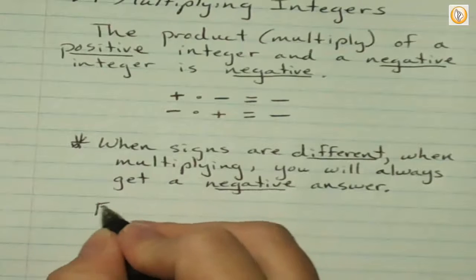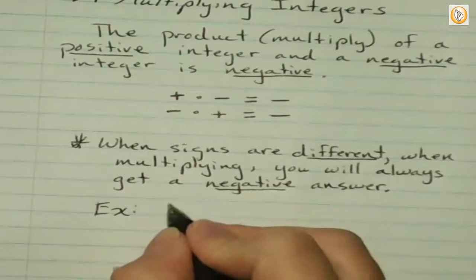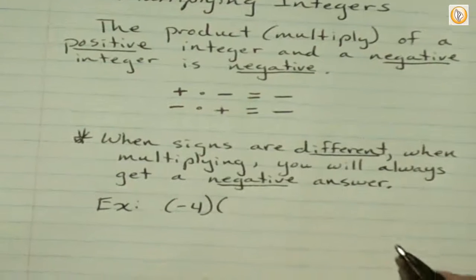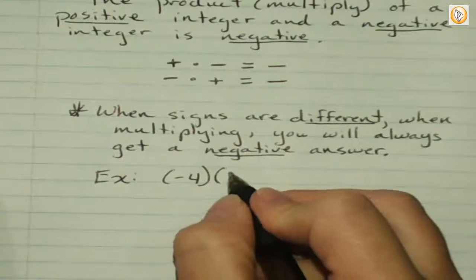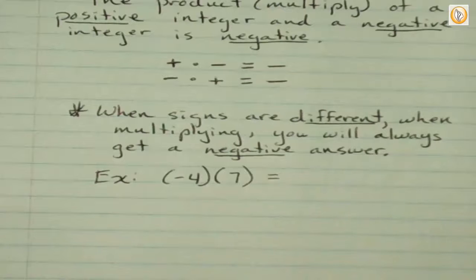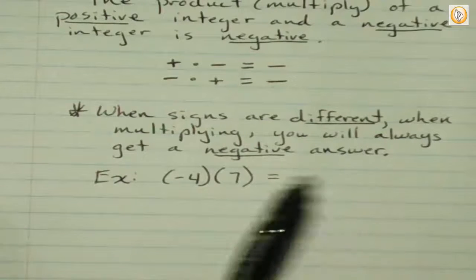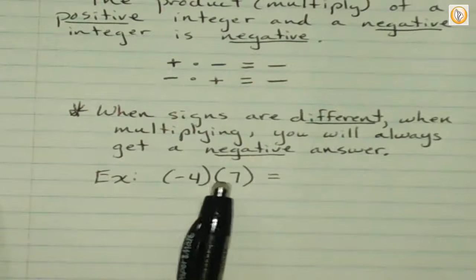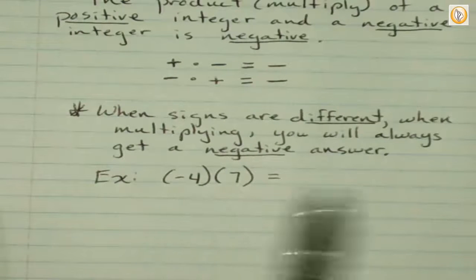For example, -4 in parentheses right next to another number in parentheses. When they are right next to each other and there's no sign in between, that means multiplying.